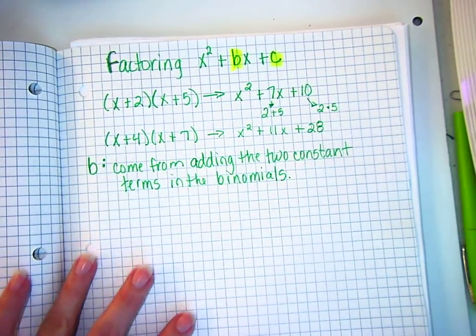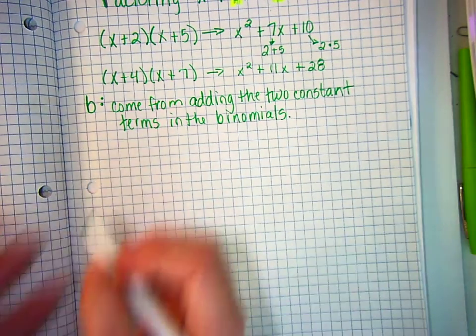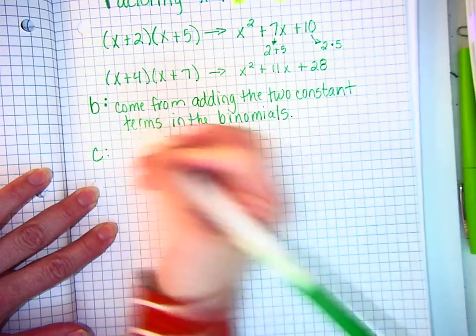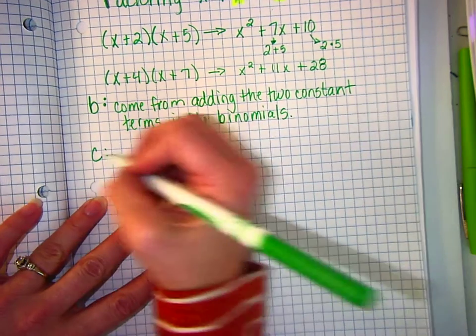Okay? And then we have C. That comes from multiplying the two constant terms in the binomials.